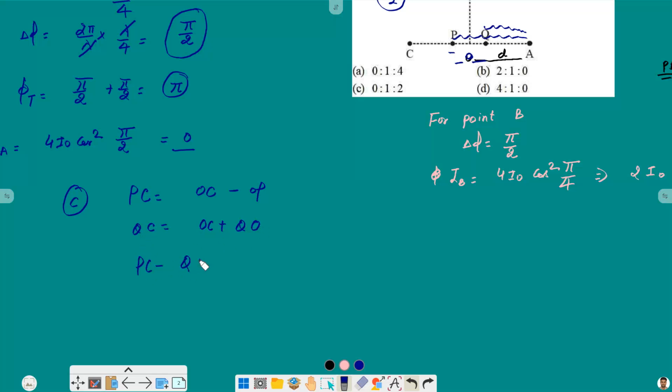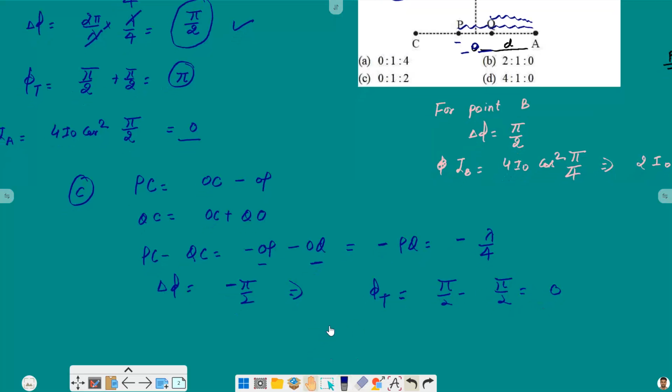Now PC minus QC will give us minus OP minus OQ, and both of these are equal. OP is equal to OQ, and that will be basically minus PQ, which is equal to minus lambda by 4. Now if we convert into phase, we get delta phi equal to minus pi by 2, and our final phase for point C, phi total, will be equal to pi by 2 minus pi by 2, and that is basically 0.